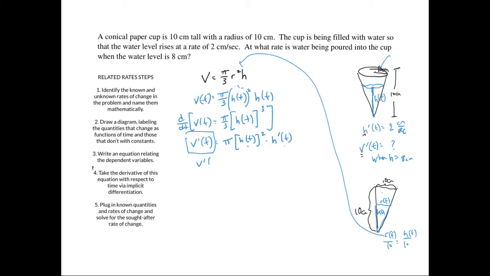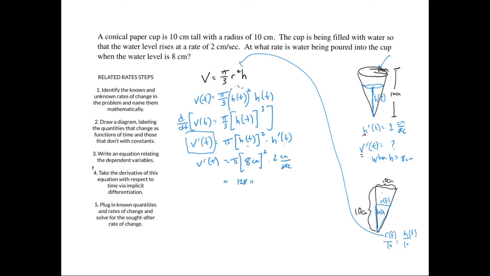So v prime of t is pi times, the h of t at the instant we're talking about was 8 centimeters, and then my h prime of t that I was given was 2 centimeters per second. So if I were to simplify that out, I believe that's 64 times 2, which is 128 times pi.